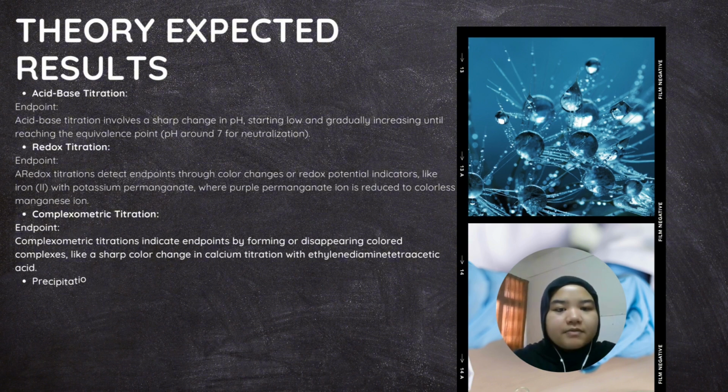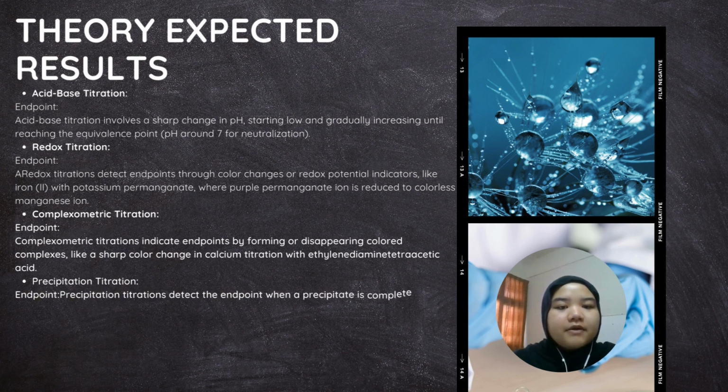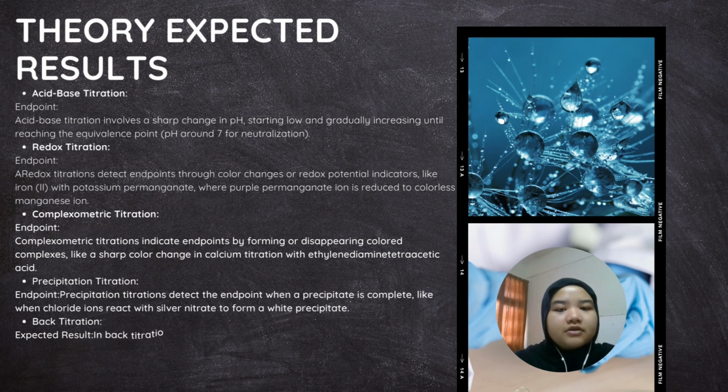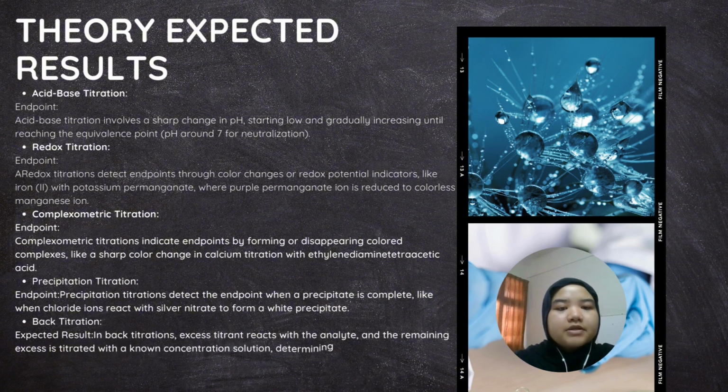The next, complexometric titration. The endpoint in complexometric titration is indicated by forming or disappearing colored complexes, like a sharp color change in calcium titration with EDTA solution. Next, precipitation titration. Precipitation titration detects the endpoint when a precipitate is complete, like when chloride ions react with silver nitrate to form a white precipitate.